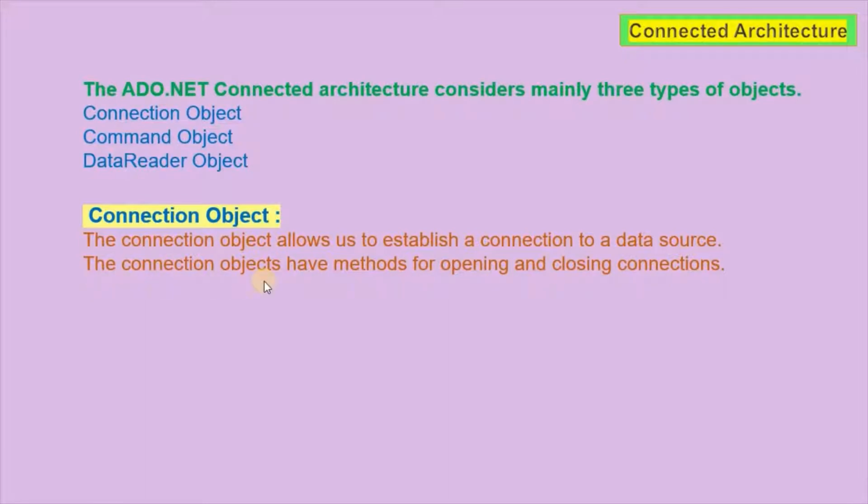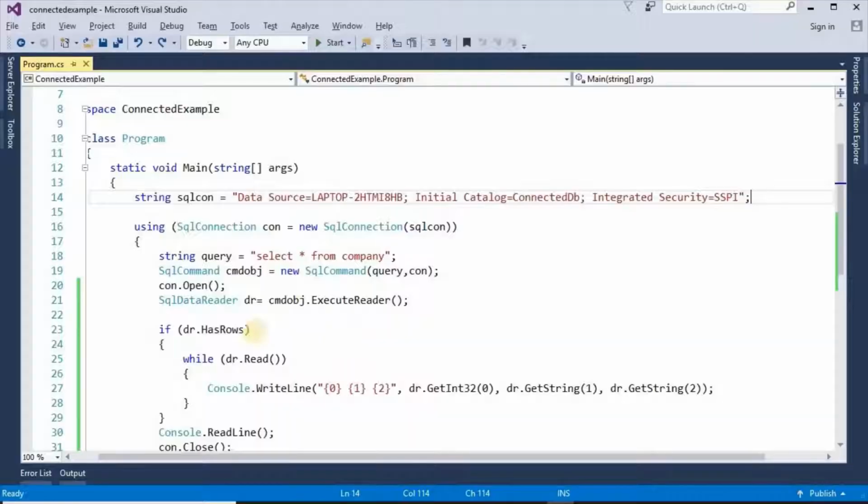The connection objects have methods for opening and closing connections. In connected architecture, we have to open the connection before performing any database operation. So we can use the open method.